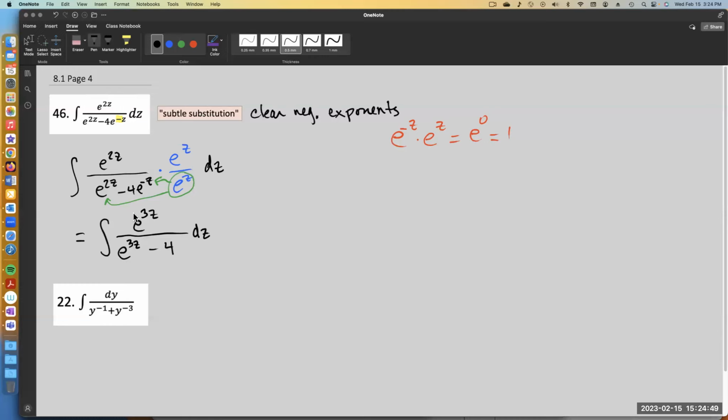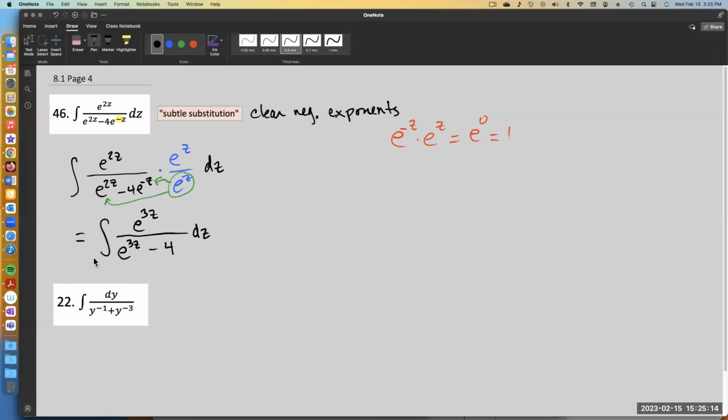We are bumping the exponent up in the numerator. But it's not done by moving it up because this is not multiplication. So we have to multiply top and bottom by e to the z. And then when we distribute, that e to the minus z is essentially gone. It's kind of like we moved it up to the top, but we also have to make sure that we're moving this exponent up also.